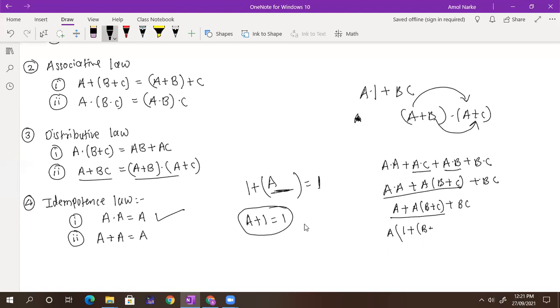B plus C, and what you have here is BC. Now you are adding 1 to any number. We have this property: 1 plus anything is always 1 only. So A times 1, and which is BC, and you are getting A plus BC. That is the required thing. If you start with this and you get this, that's why this is true.